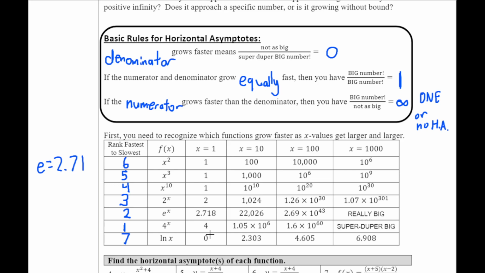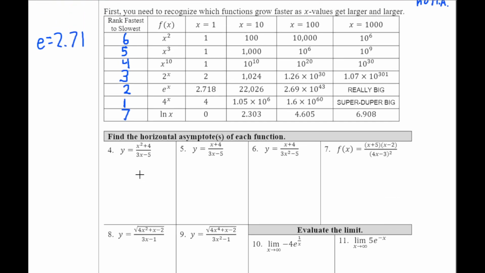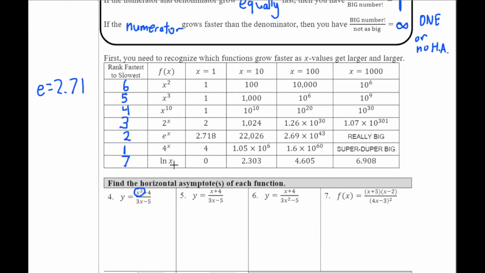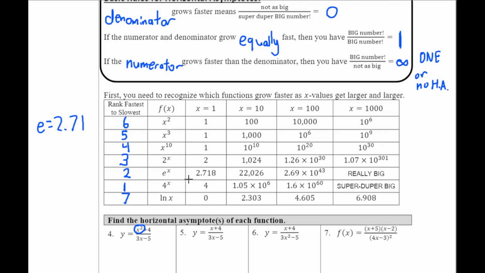Again, you'll be using these to help you solve these limits. We're going to get to some practice now. Find the horizontal asymptotes of each function. So right here, you can see the largest term on the top is the x squared, and the bottom is just a 3x. x squared increases quicker than just an x, right?